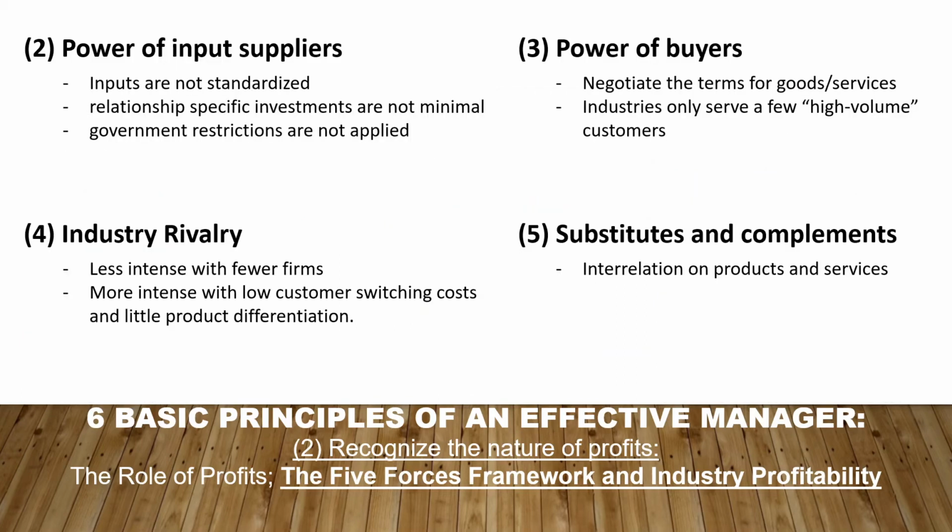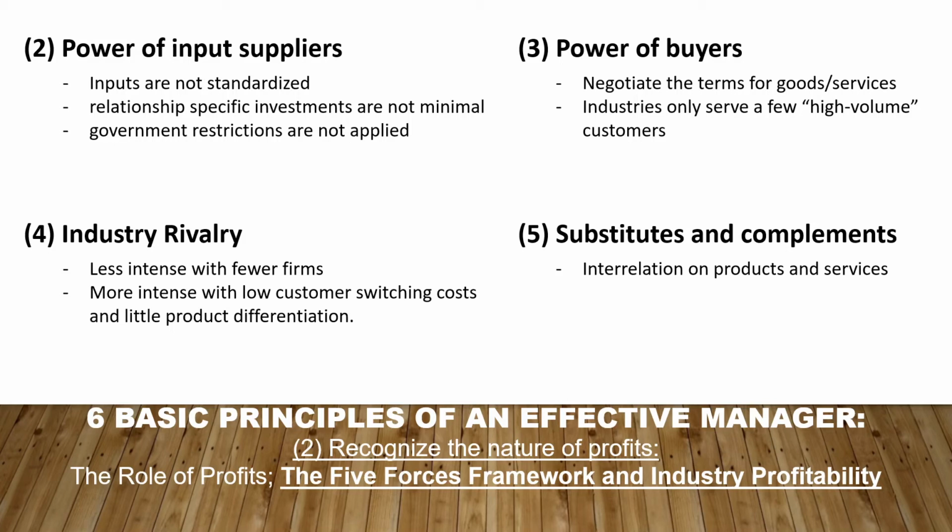The power of input suppliers may tend to lessen industry profits because inputs are not standardized, relationship-specific investments are not minimal, and government restrictions are not applied. To lessen the supplier power, inputs must be standardized as well as alternative inputs must be available.